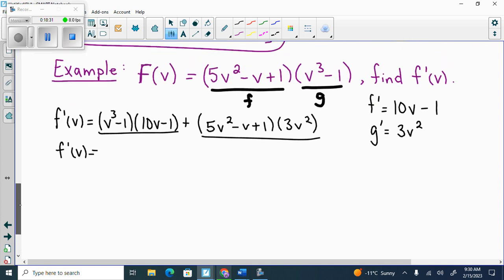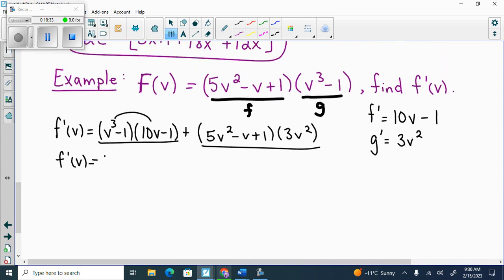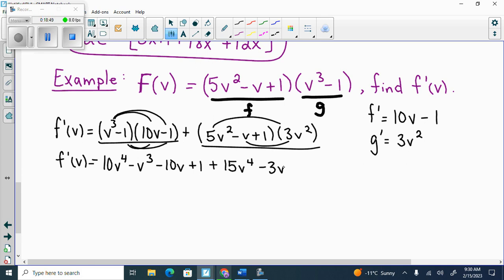All right. So we're going to get 10v to the 4 minus v cubed minus 10v plus 1, and plus 15v to the 4 minus 3v cubed plus 3v squared. Then we have to collect like terms.